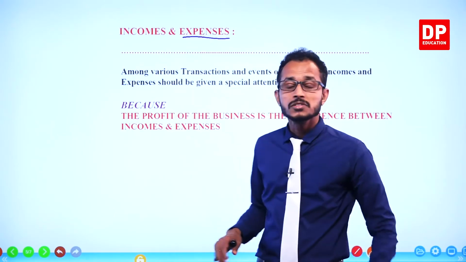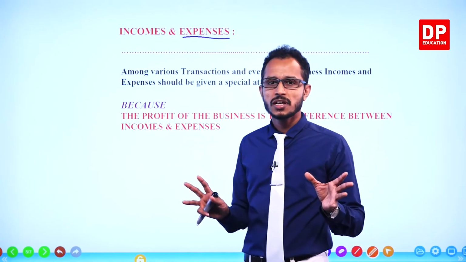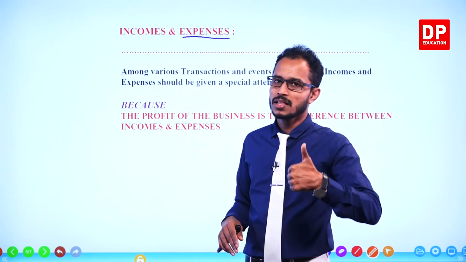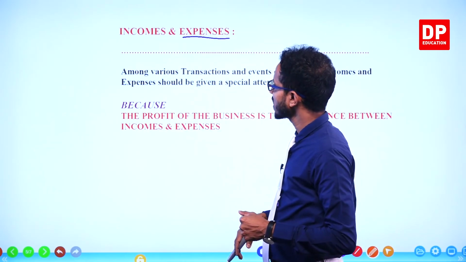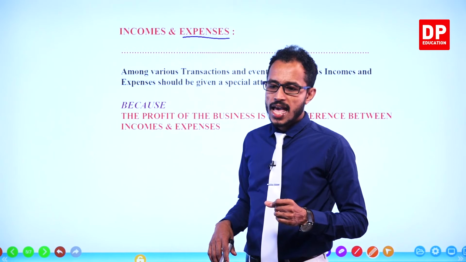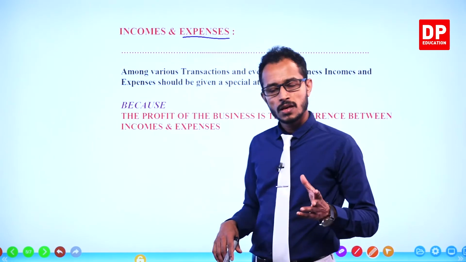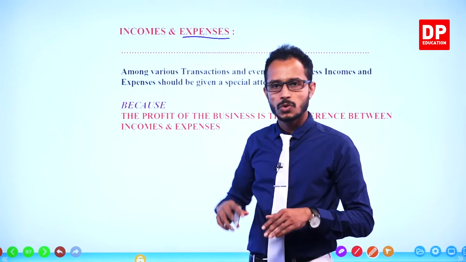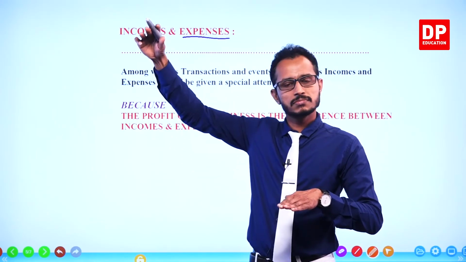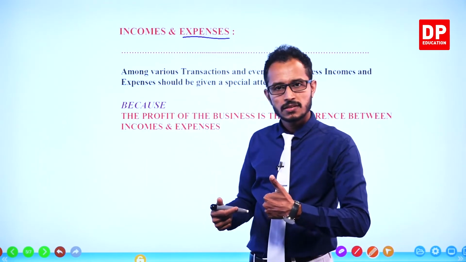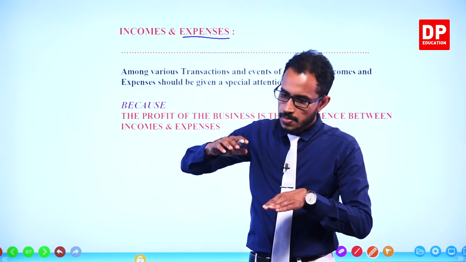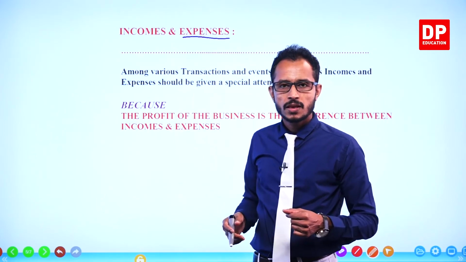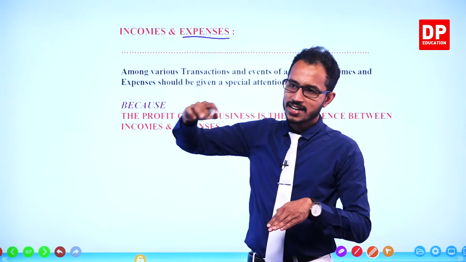Okay, just for your information, these things are further explanations, but the basic, simple definition for income is that an income is an increase of capital, or an increase in the owner's equity, which means the more income that I get, the higher my capital will be, or the higher my profits will be, and profits are added to my capital.